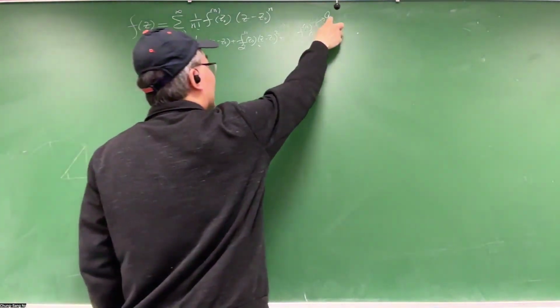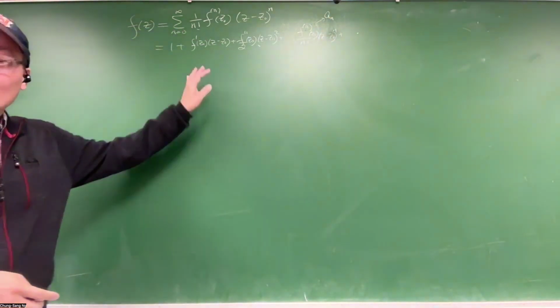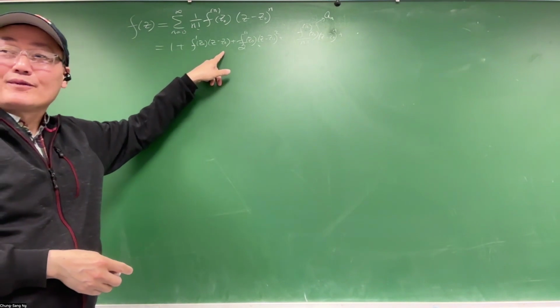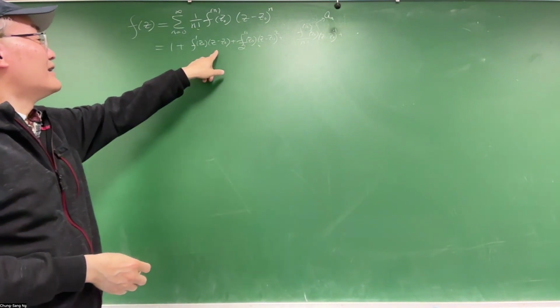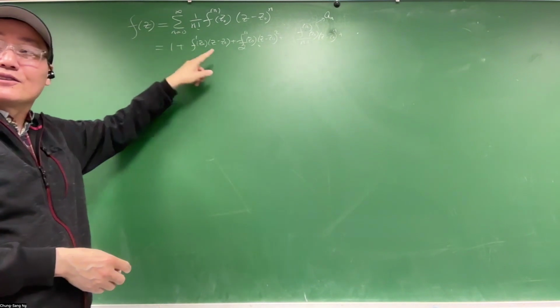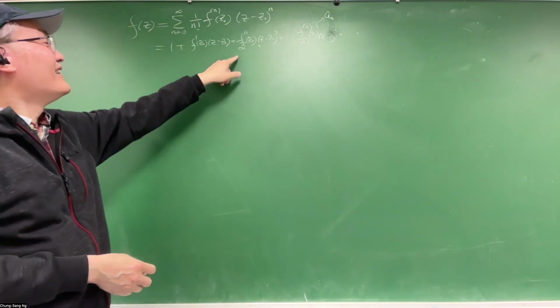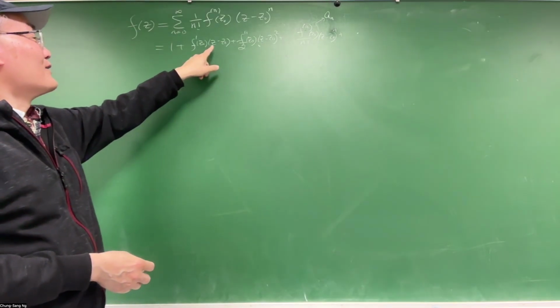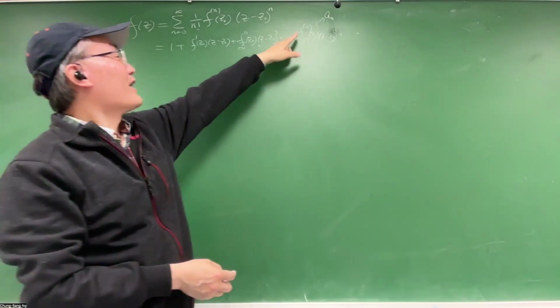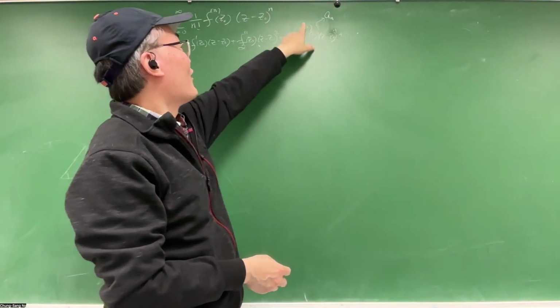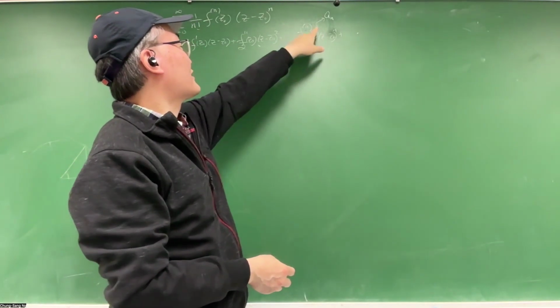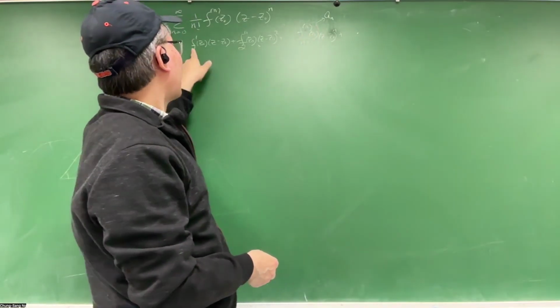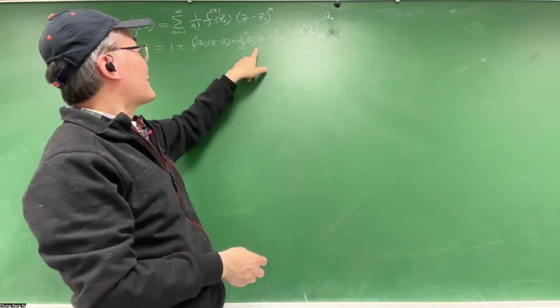We want to calculate this a sub n, and last time we already had the formula. Remember? You still remember I talked about that? So basically, you will take the n-th derivative. If we don't have the form of the Taylor expansion, just call the coefficients a sub 0, a sub 1, a sub 2.